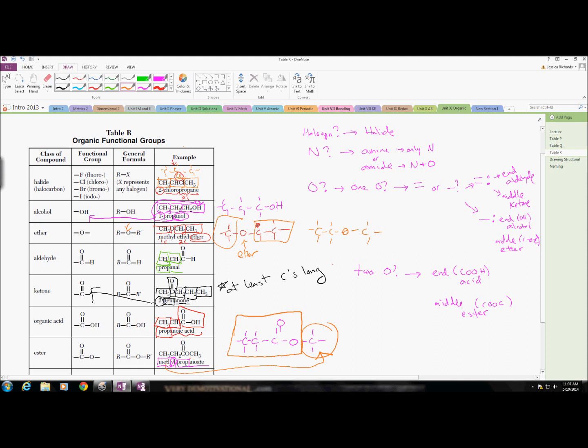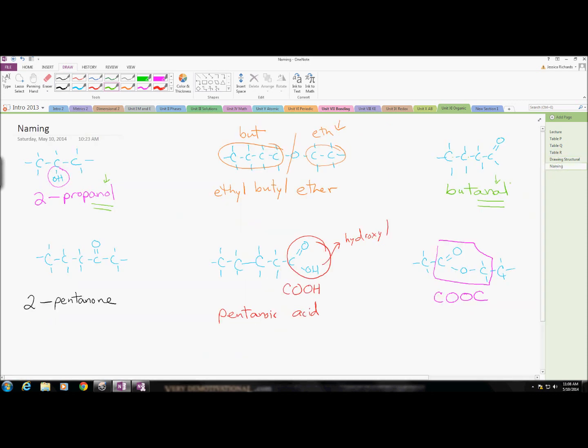The prop, meaning 3, must mean this chain of 3 carbons. So the carbon chain that has the double bonded oxygen goes with the anoate. The branch that's single bonded to the oxygen is the branch at the beginning. It's not always going to be smaller first in this one.